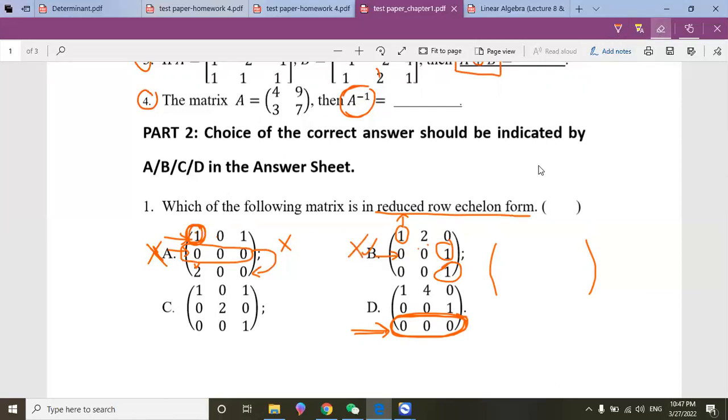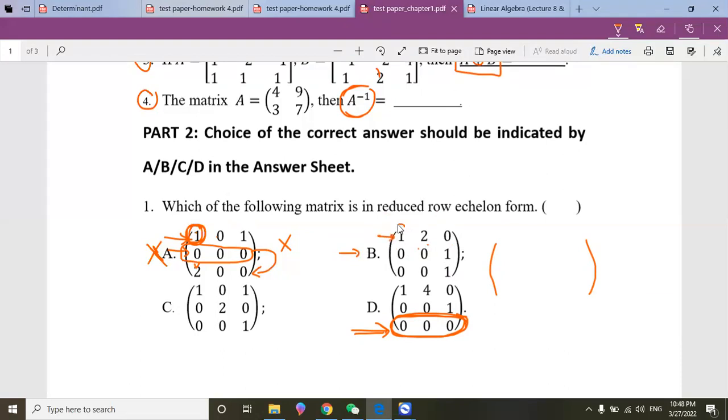Guys, get it? So what's a pivot point? Pivot point means the first non-zero entry of a row. So on the second matrix, this is our first row, right?